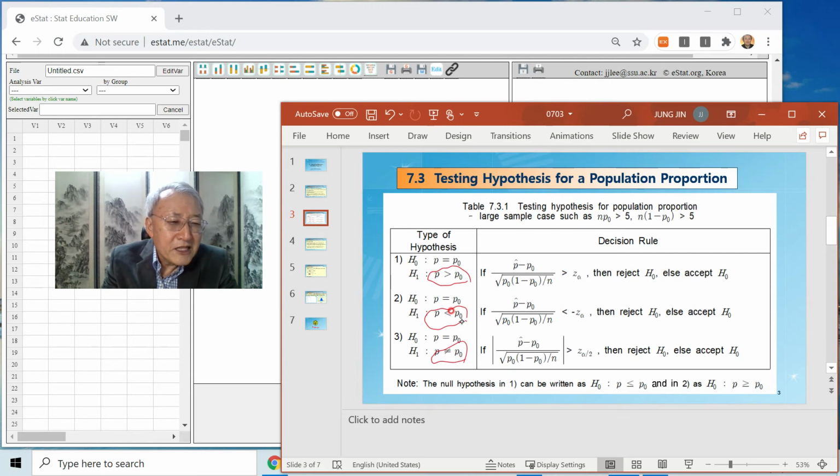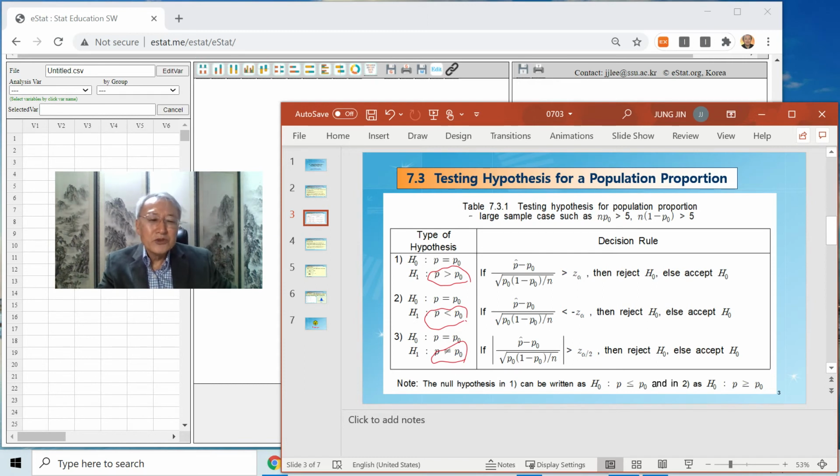If it is less than minus 1.645, in case of a left tail, we'll reject. In case of a two-sided test, each tail part is 2.5%. You remember what the value is? That's plus minus 1.96. If it is greater than 1.96 or less than minus 1.96, we'll reject.